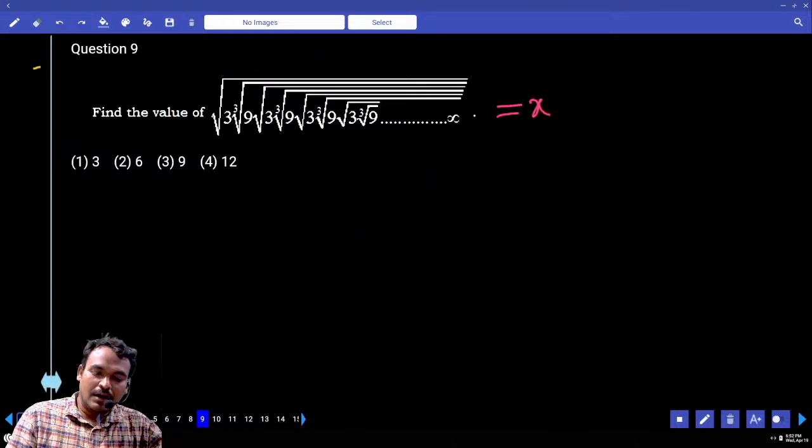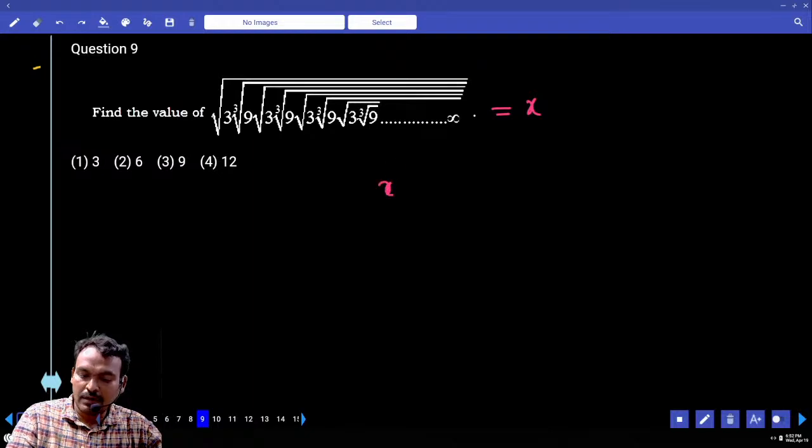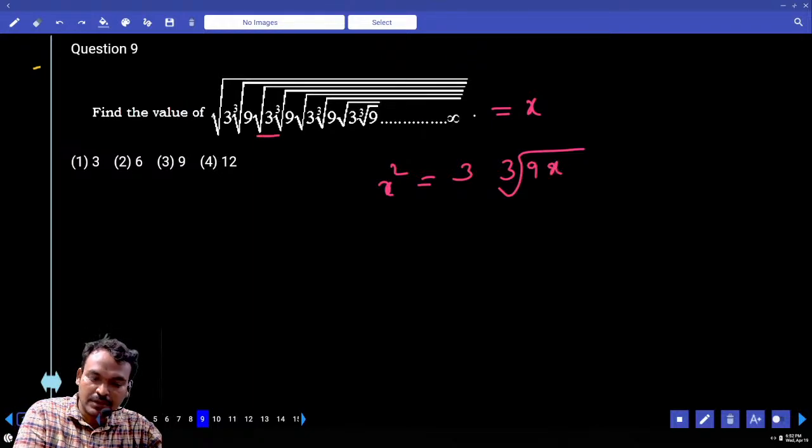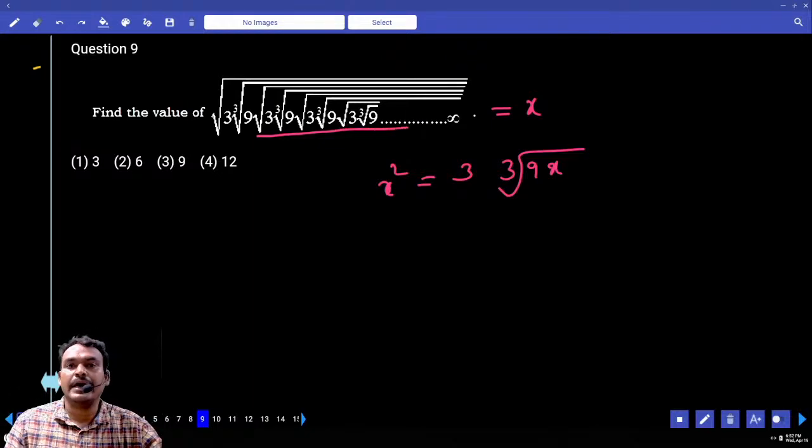X. Squaring on both sides means we are getting how much? X square equal to 3 into cube root of 9 x, because in place of this value we wrote x. X square equal to 3 into cube root of 9x, again cubing on both sides.